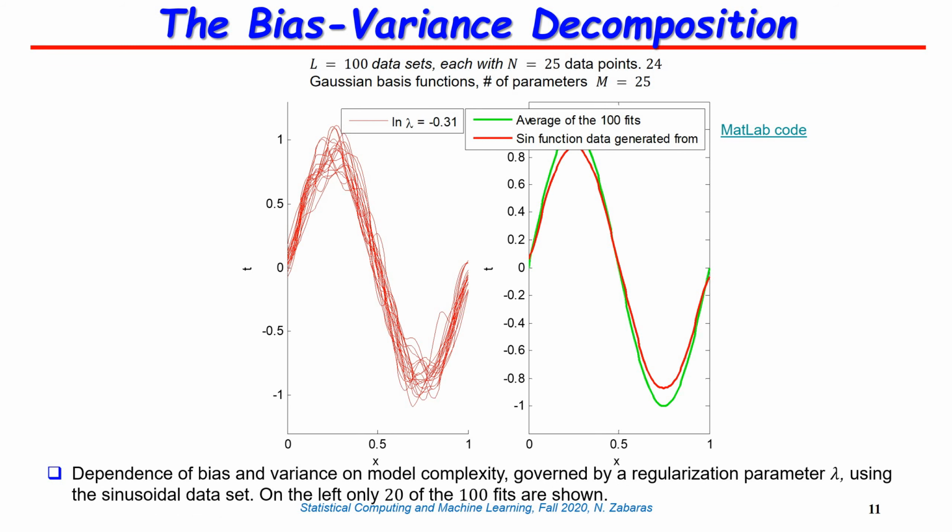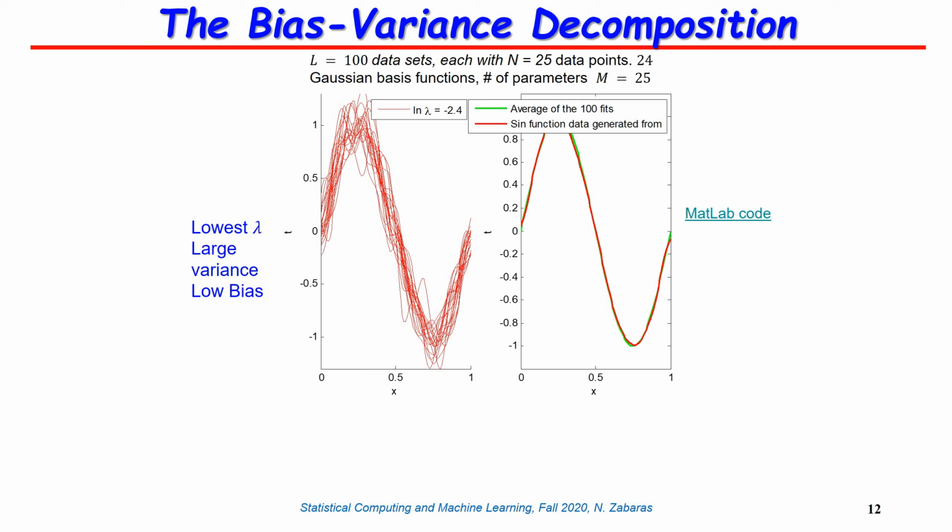Okay. So let me now use a very low regularization parameter. So log of lambda is minus 2.4. So you can see in this particular case, for such a low regularization, I have very high variance. Okay, but notice if I average over my 100 data sets my regression function, I almost get no bias at all.